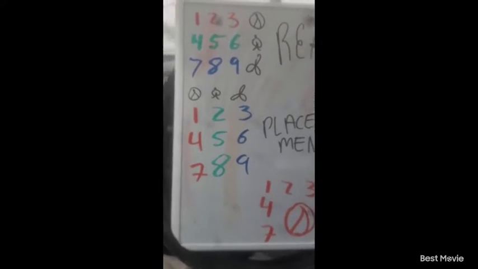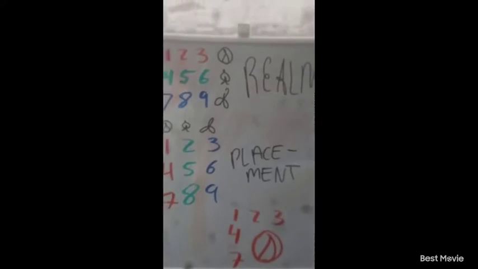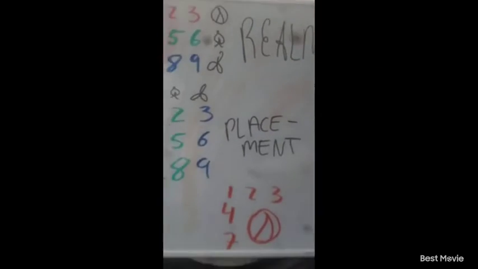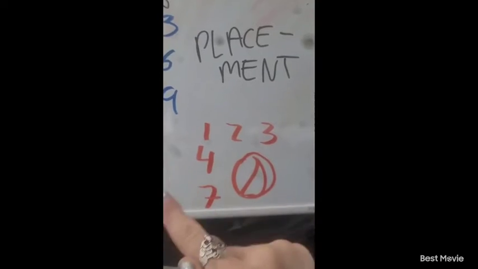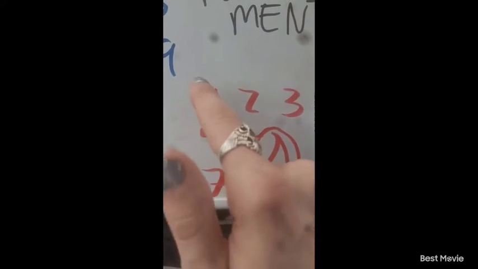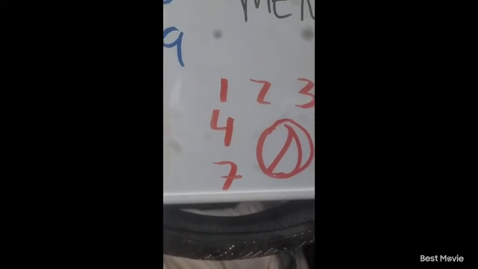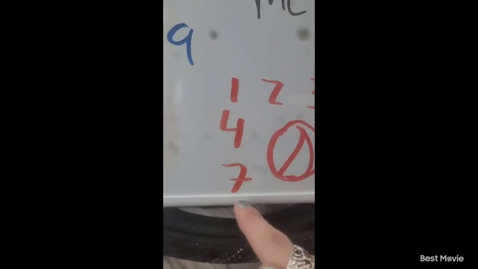So in numerology, this is how we look at it. We have the placements and the realms, and then if we're just looking at cardinality like I was teaching you first, these are the cardinal numbers. We have the cardinal realm, cardinal fixed and mutable, and then we have the cardinal placements, cardinal realm, fixed realm, and mutable realm.